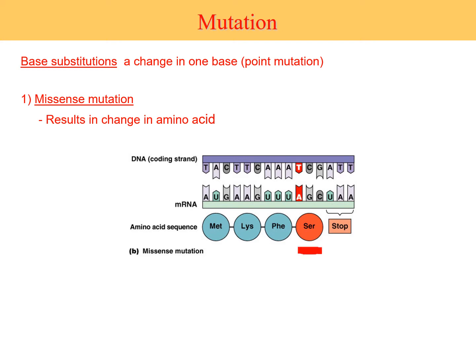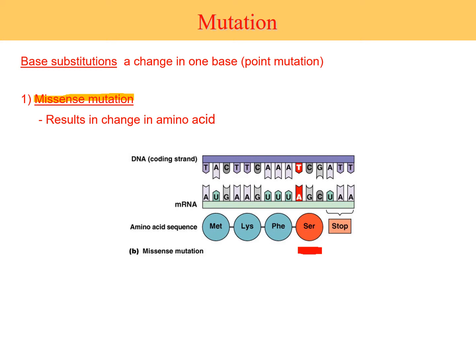So this is called a missense mutation, where you have a change in an amino acid in the primary structure of a protein. I remind you that primary structure refers to the amino acid sequence, and a change can have quite a significant effect on the shape of the overall molecule, and therefore can change the function.